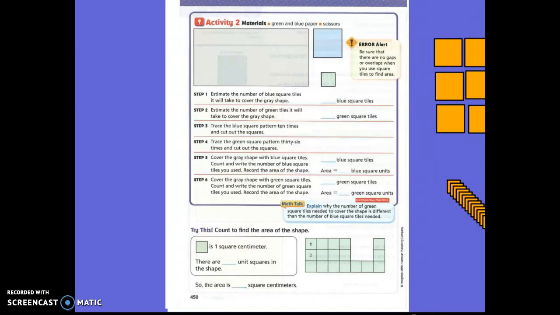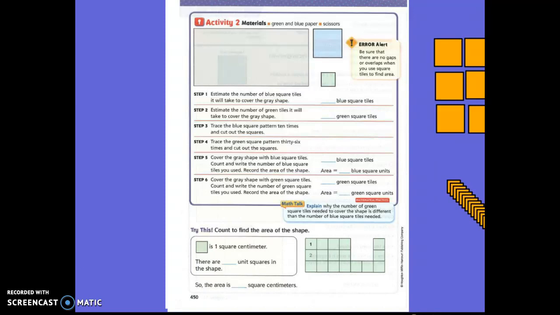No. Estimate right now, how many big tiles do you think will fit in that rectangle? Write it down right now. Doesn't matter if you get it right. It's okay to get it wrong.